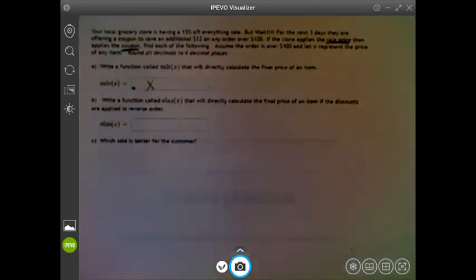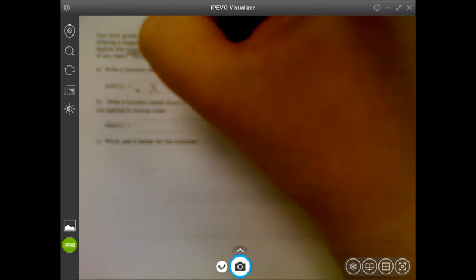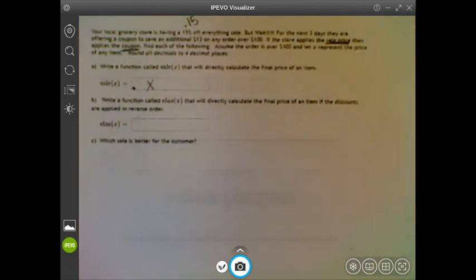Now, when you multiply by 0.15 for this decimal, you're not taking 15% off. What you're doing is figuring out what 15% is left over. If you want to take 15% off, technically you want 85% of the original value. So right here should be 0.85.